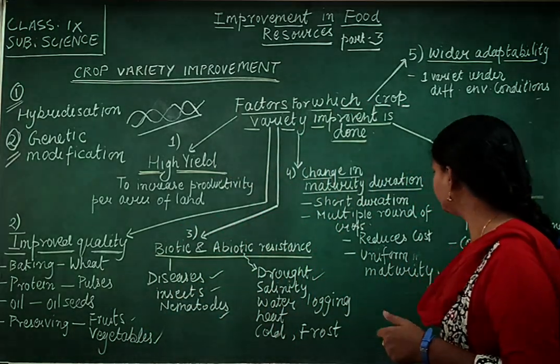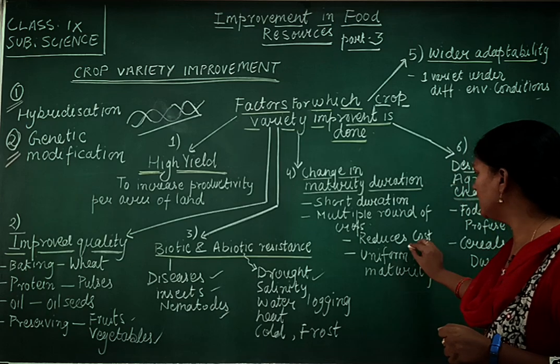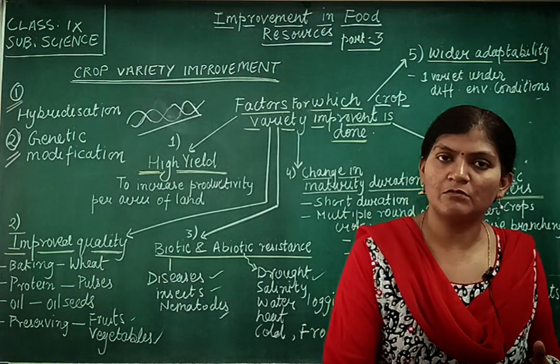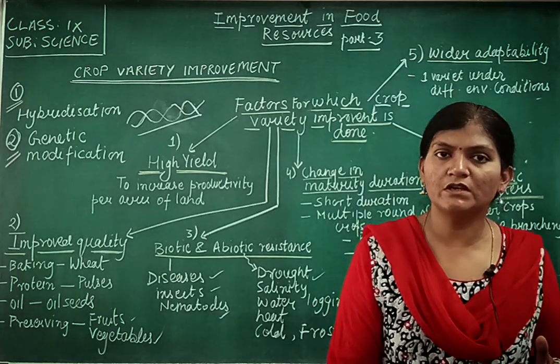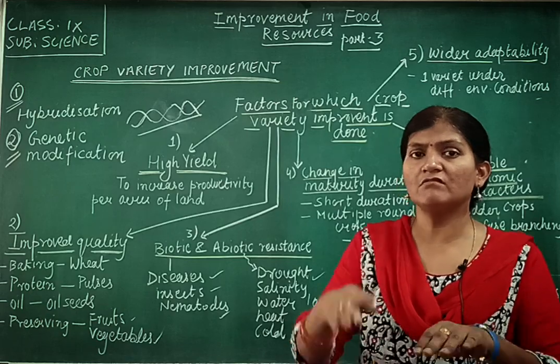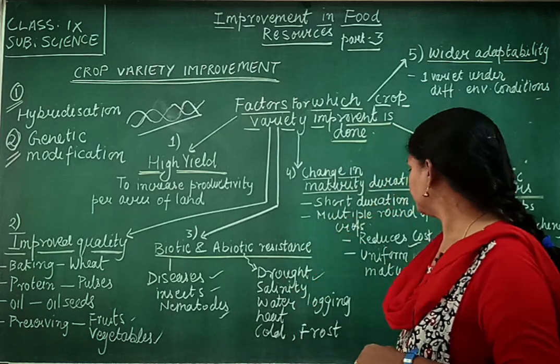Similarly, if it has a shorter duration, then it reduces the cost also, because it will take less amount of water, less amount of nutrients, so less amount of manures and fertilizer. Therefore, we can reduce its cost.